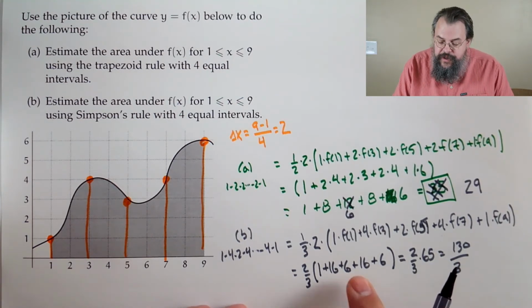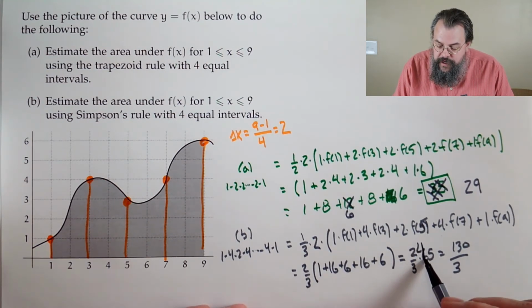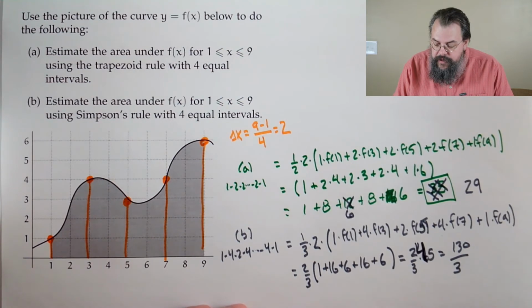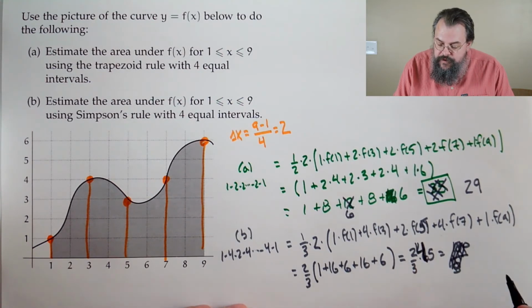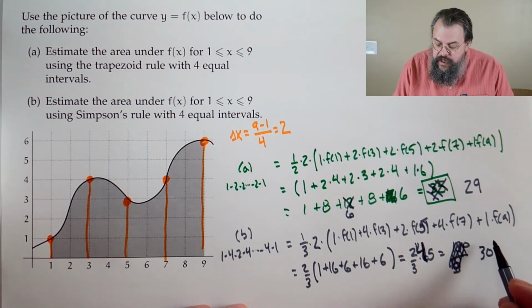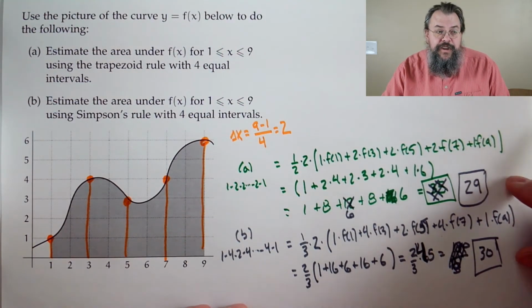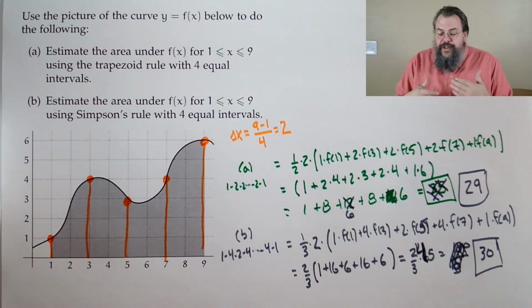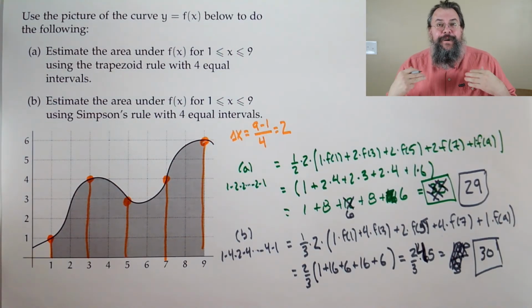It's 22 plus 22 makes 44 plus 1 more. That makes 45. Wow, lots of errors. Good thing we went back and checked our work. 45 divided by 3 is 15 times 2 makes 30. Okay, and now that feels better because the estimates we got should be close to each other. And initially, when we did the work, or rather, I did the mistakes. These are all my mistakes.